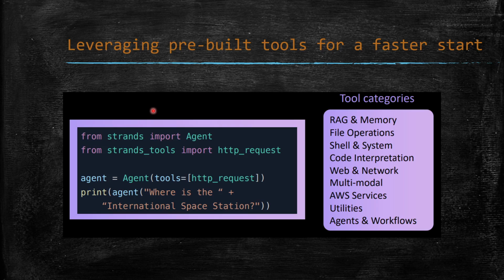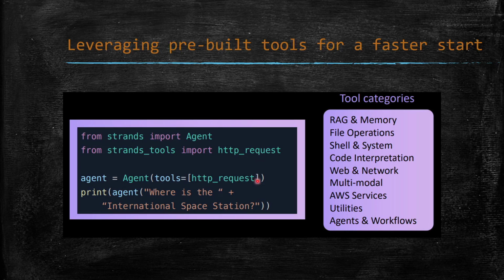This is an example showing how Strands works. I import the Agent from my Strands SDK, and the second line imports the HTTP request tool. This is a tool I want my agent to have access to, which gives you real-time question answering. As I mentioned, if I want to check the current weather report in India or New York, it can give that.